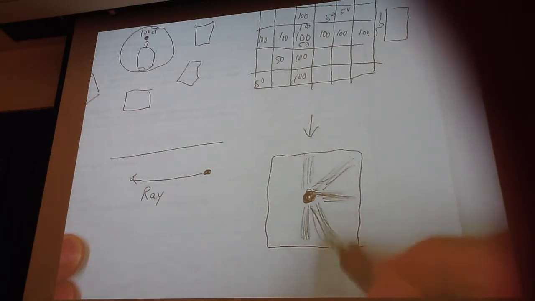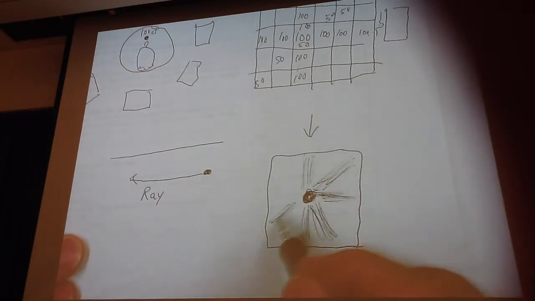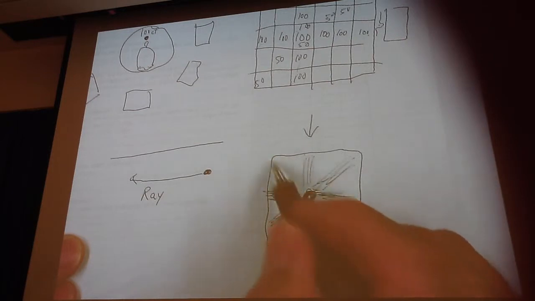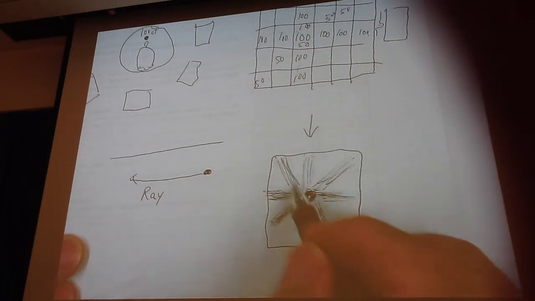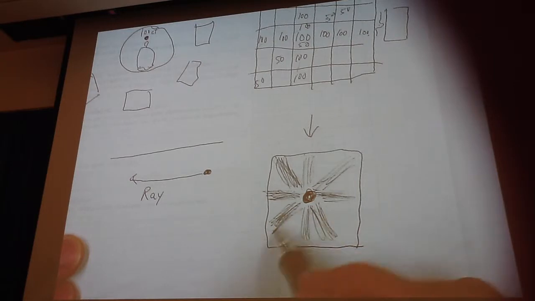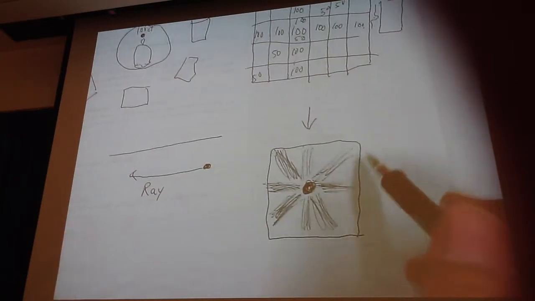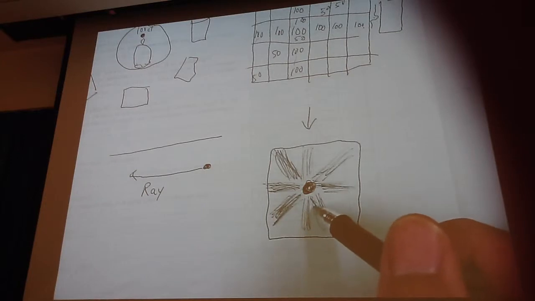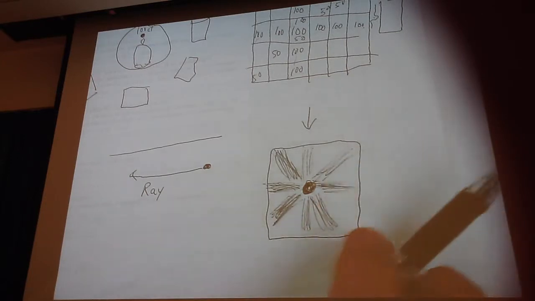And this is what they call a star. Sometimes they call it a spoke artifact also. But you've got to be careful if you call it a spoke artifact that they don't confuse it with having too many degrees between your projections. So this is what a back projection image would look like if we didn't do something about it.